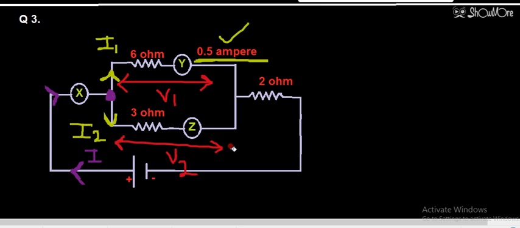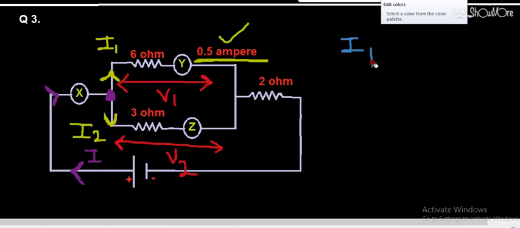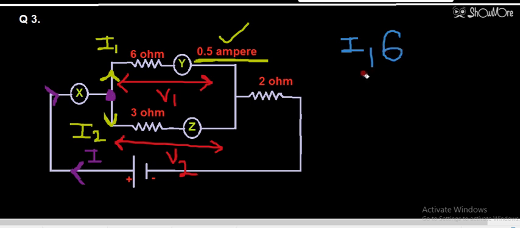So V1 will be equal to V2. V1 is equal to I1 into R1, and R1 is 6 ohm, so V1 is I1 into 6.